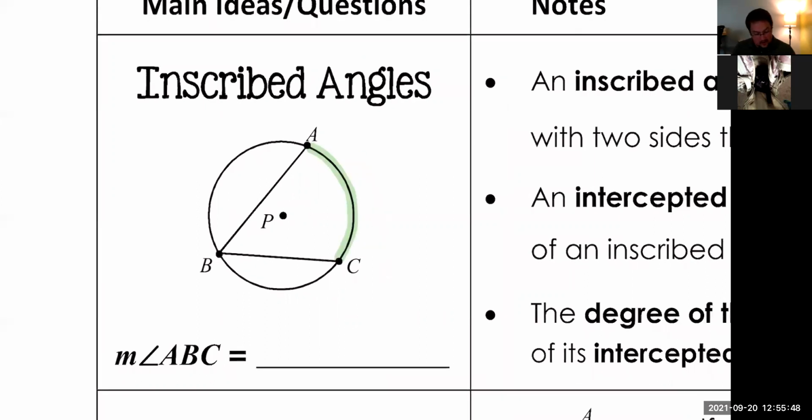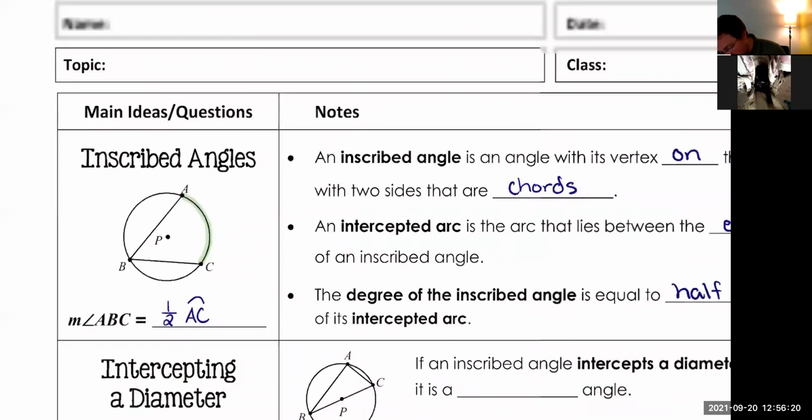The measure relationship between the two is that the measure of angle ABC is equal to half the measure of arc AC. Or in reverse, arc AC is twice the measure of angle ABC. So depending on which way you're going, one is half the other, one's double the other. Both ways there.